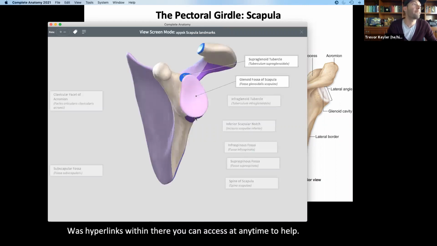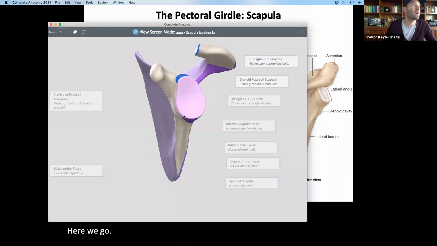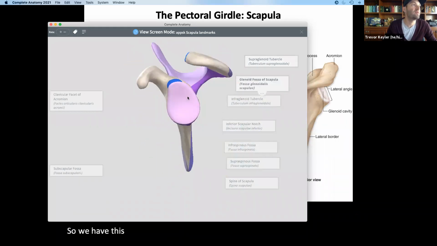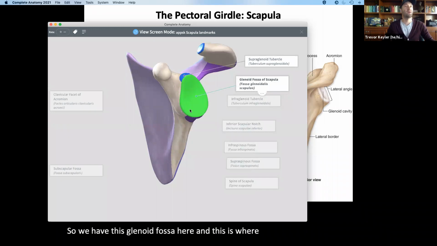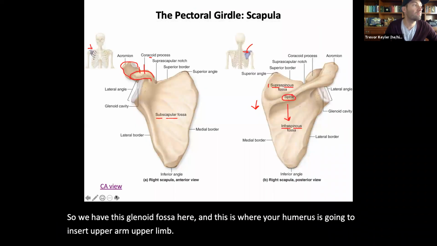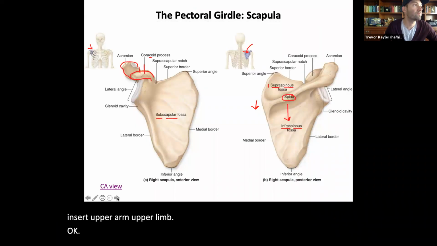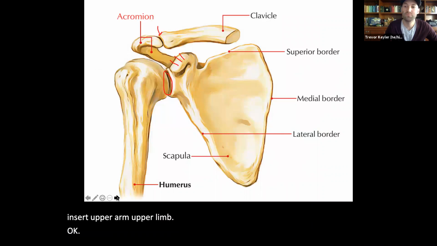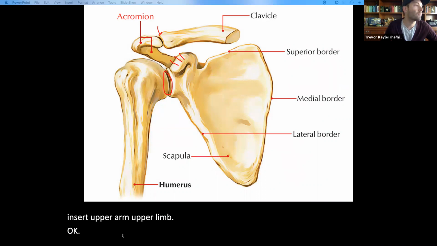There we go. So we have this glenoid fossa here, and this is where your humerus is going to insert, the upper arm, upper limb. The head of the humerus is going to insert there.